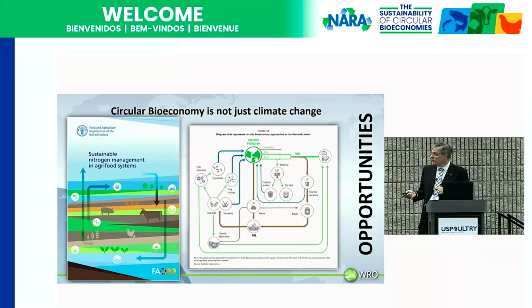Look how interesting. It's published, it's the final version. Look where we are. We are in the center of circularity due to WRO work. We are here. And is pet food circular? No, it's very sustainable, a very important partner, but it's not within the circular bioeconomy concept.